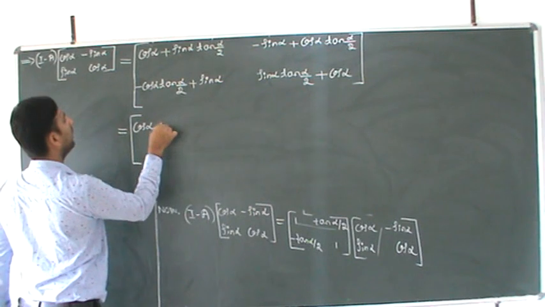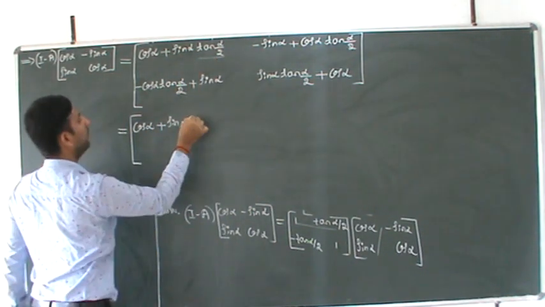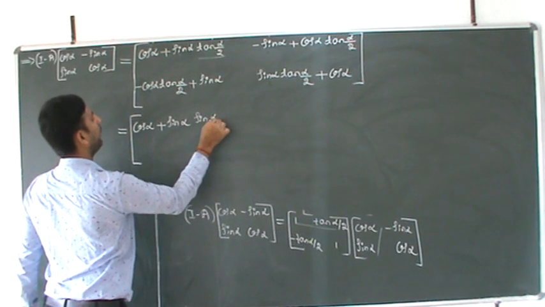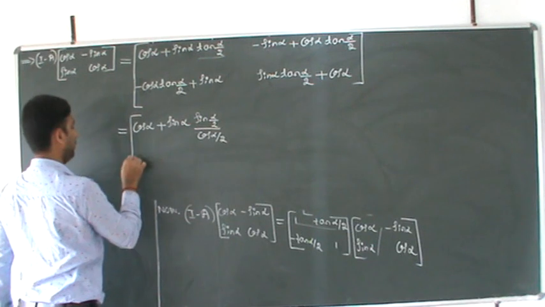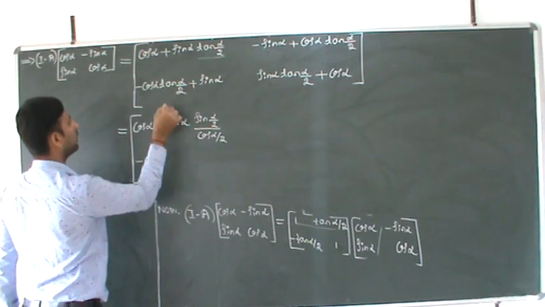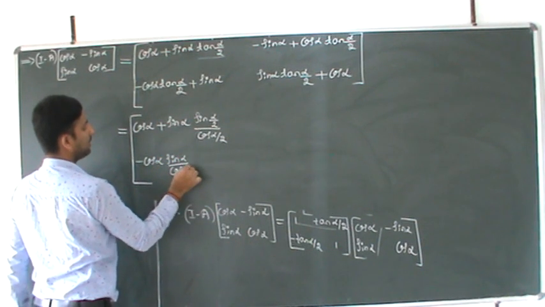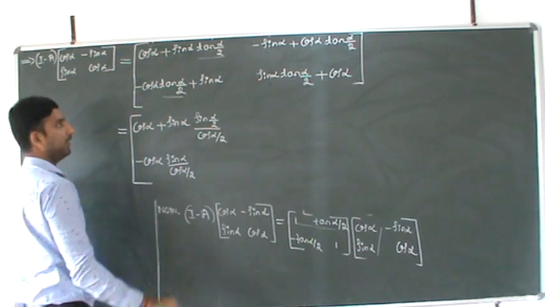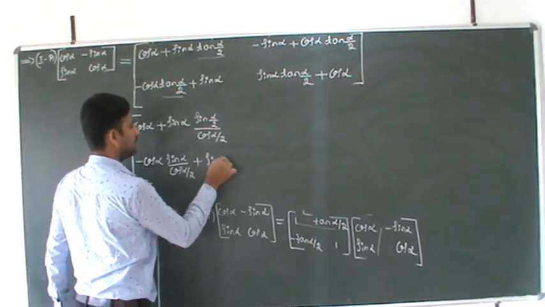After that, cos alpha, sin alpha, we write tan alpha by 2 as sin alpha by 2 divided by cos alpha by 2. After that, minus cos alpha sin alpha by 2 divided by cos alpha by 2, this value you can split, plus sin alpha as it is.